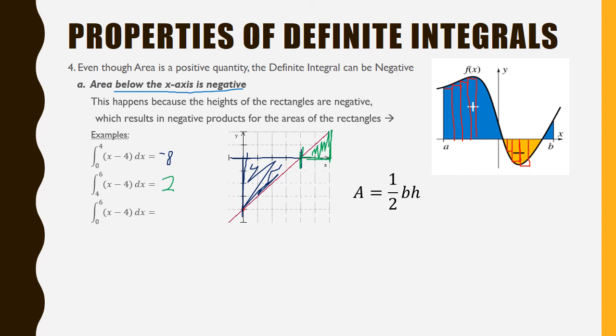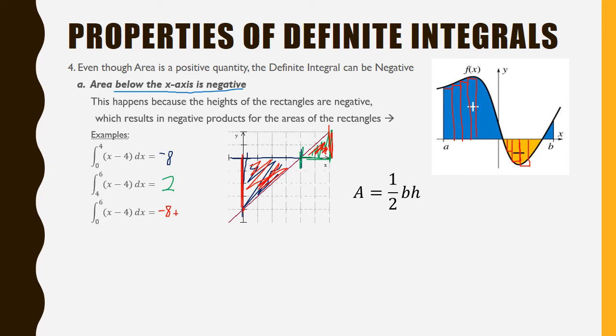So what if part of the area is above and part is below? What about the integral from 0 to 6? Now I'm talking about all of this area combined with all of this area. Well, I'm sure you can guess that it's just the sum of the two.